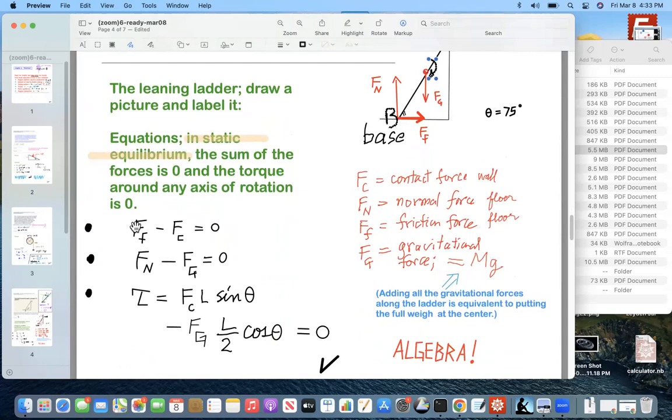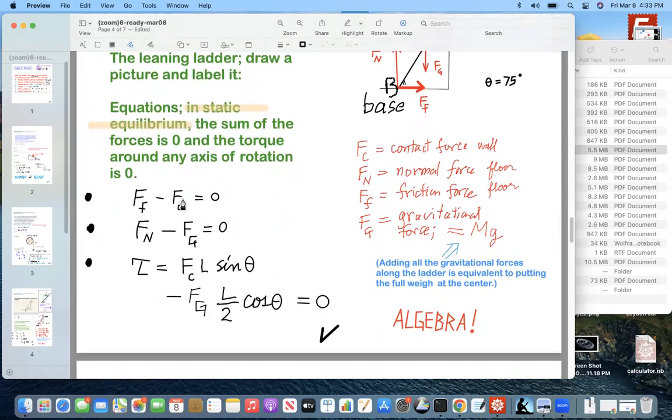So FF, FC, and FN are the 3 unknowns. You have to solve these 3 equations simultaneously. So it's algebra, but it's algebra you're familiar with: multiple equations, solve for multiple unknowns. And the final answer will be one of those unknowns, namely the force of friction. Force of gravity is not unknown. It's just the weight of the ladder.